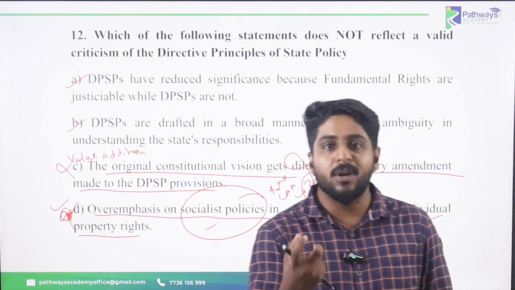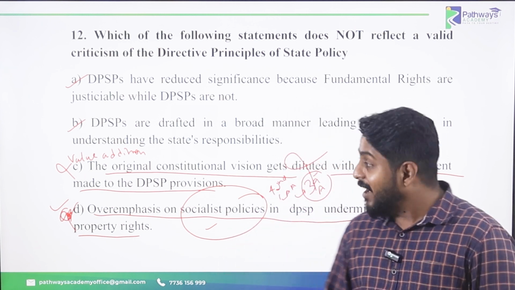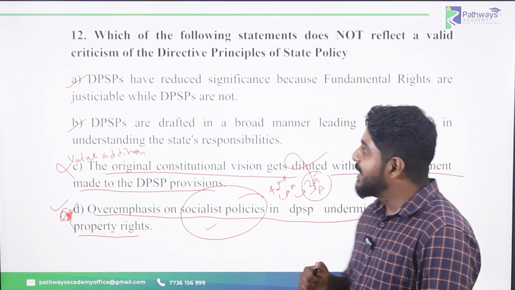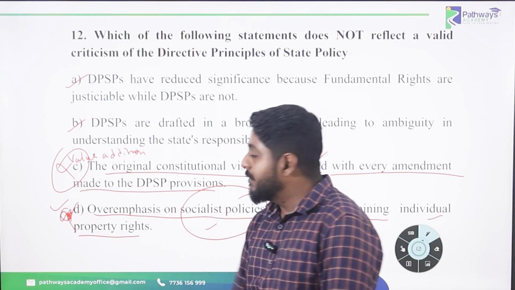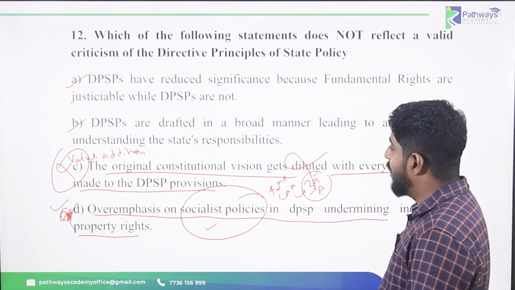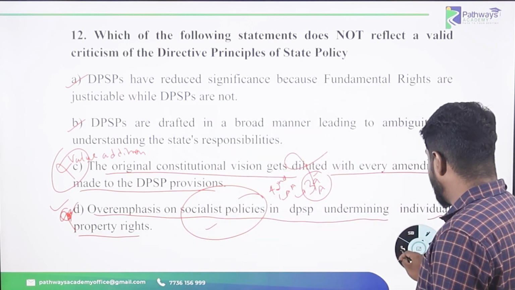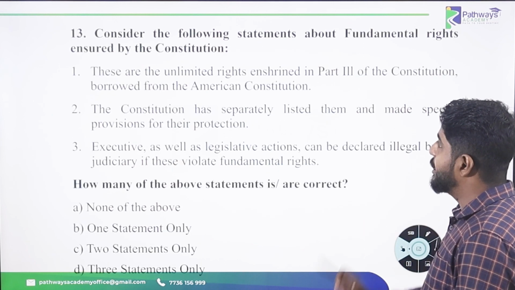So what about the individual property? Isn't it? So it is undermining the individual property rights. So this question will have the answer option C, which is invalid criticism. The original constitution is getting a value addition.